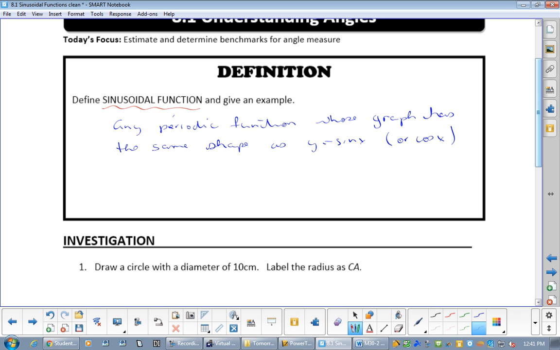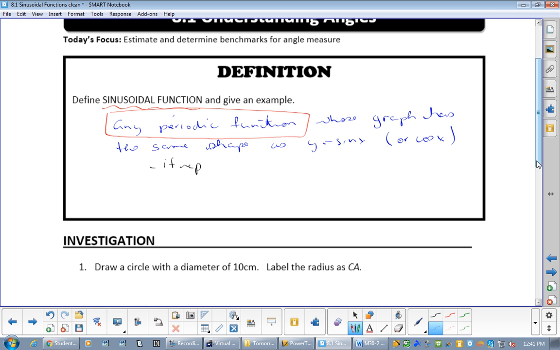Because we just need to get you to learn about all the different pieces of manipulating, we're going to work with sine, because if I tell you all that, you could just transfer it to cos. The rules don't change. But a sinusoidal function is basically any periodic function. Basically, it repeats.